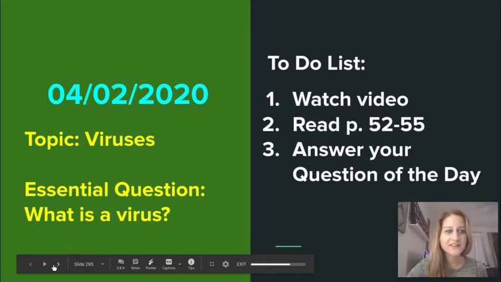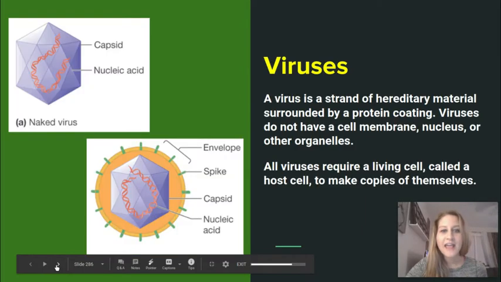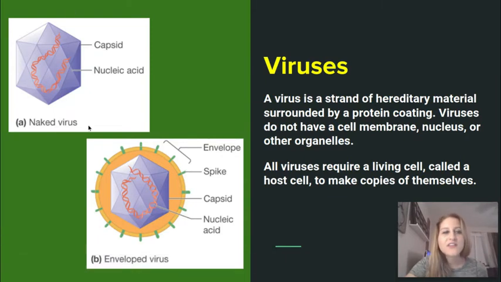So let's get started. A virus is a strand of hereditary material surrounded by a protein coating. Over to the left side of your screen, you can see two examples of viruses. This one that I'm circling on the top left of your screen is a naked virus.